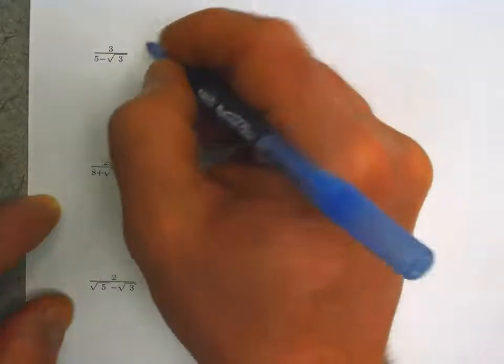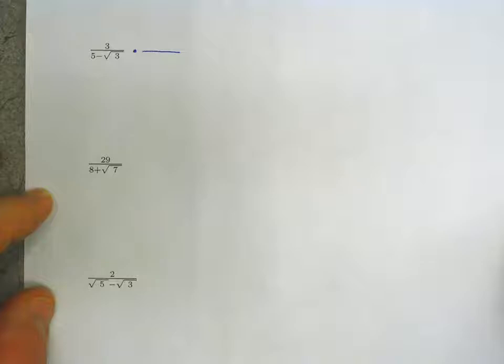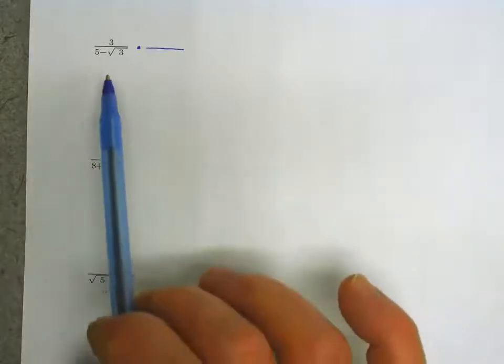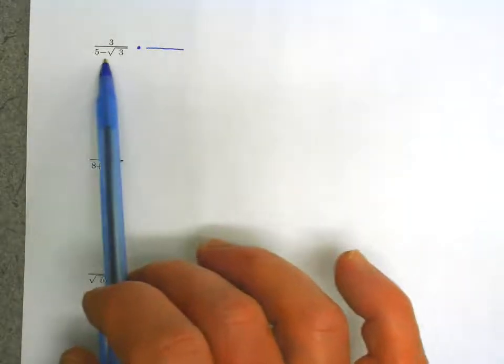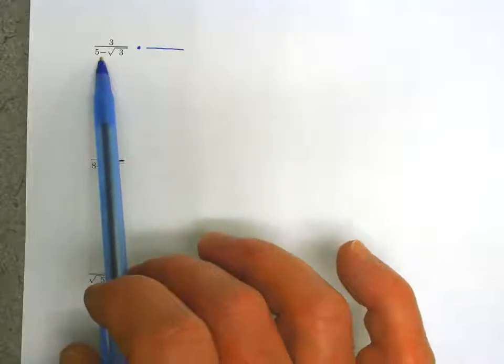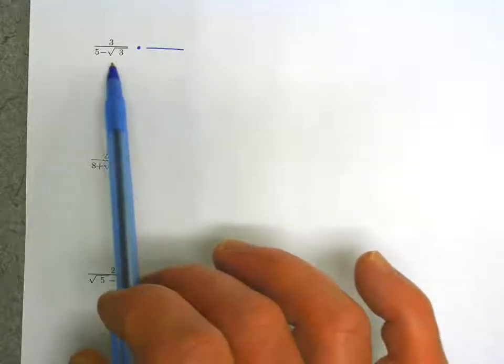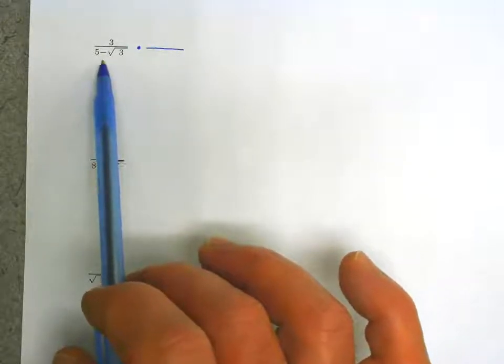So what we do in a case like this, the form that 1 takes is determined by what we see in the denominator. So we are going to multiply the numerator and denominator by the conjugate of the denominator.